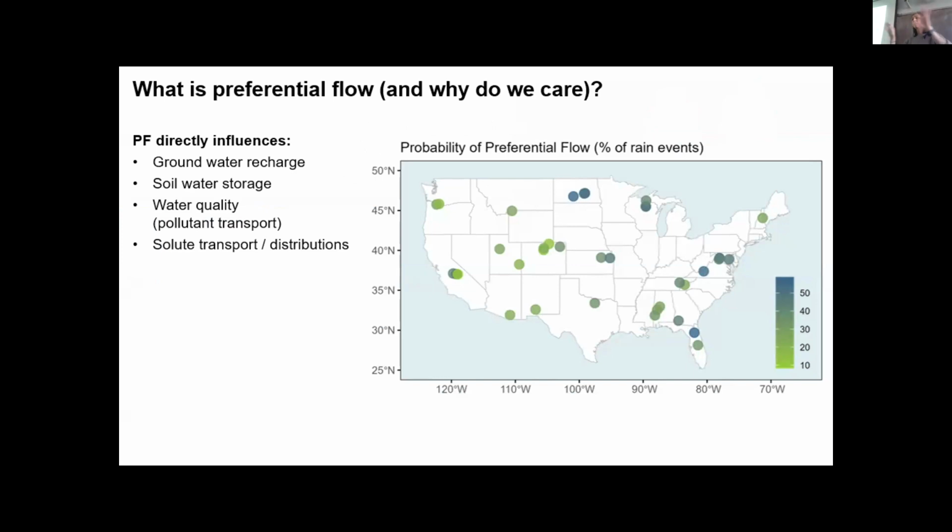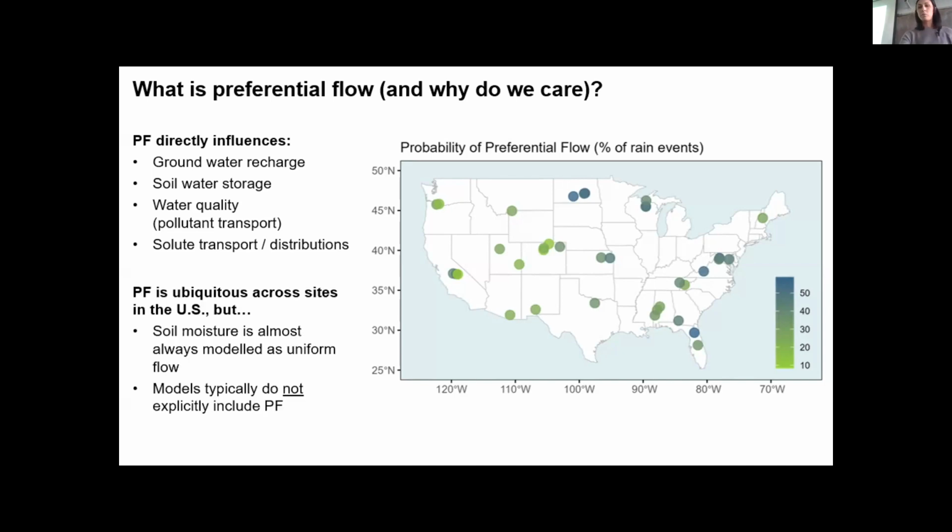If there's a pollutant available at the surface, that really rapid funneling of water deeper into the profile bypasses the filtering effect of the soil and can result in a lot more pollutant transport into the groundwater. So that's why I'm trying to convince you that preferential flow is important.